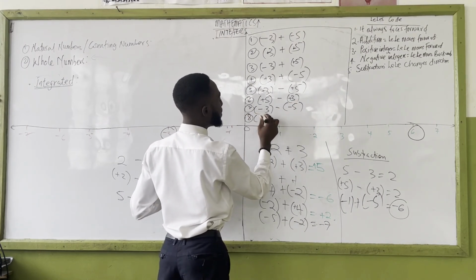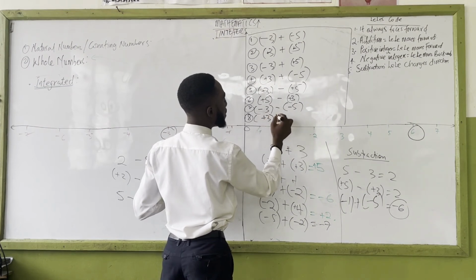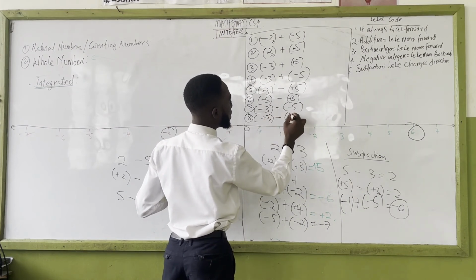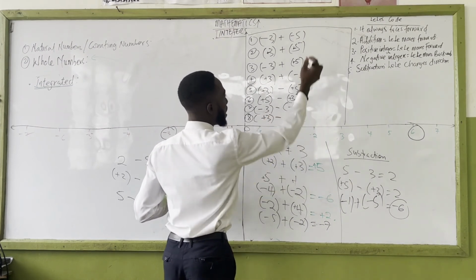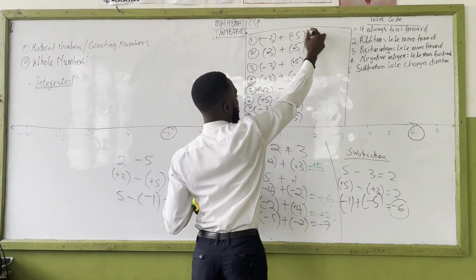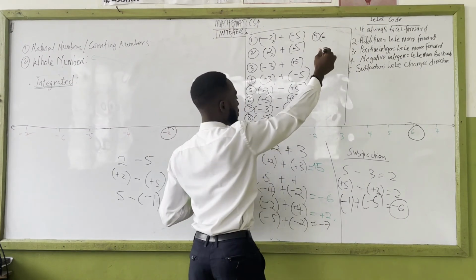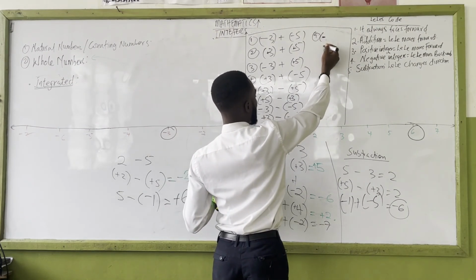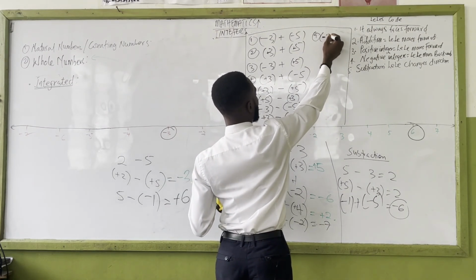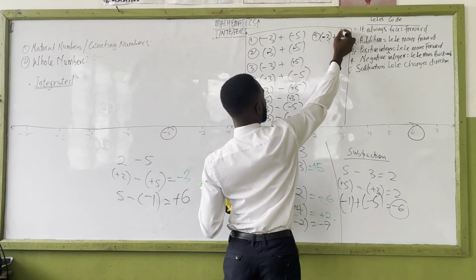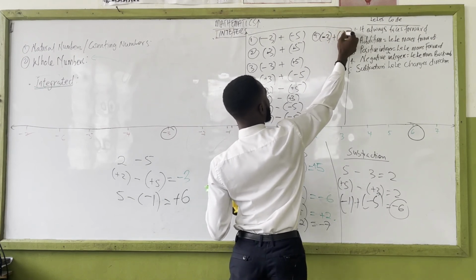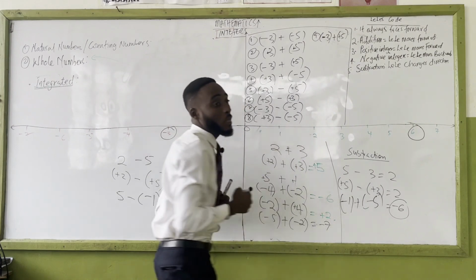And then positive 3 minus negative 5. The last ones: negative 3 plus positive 5.